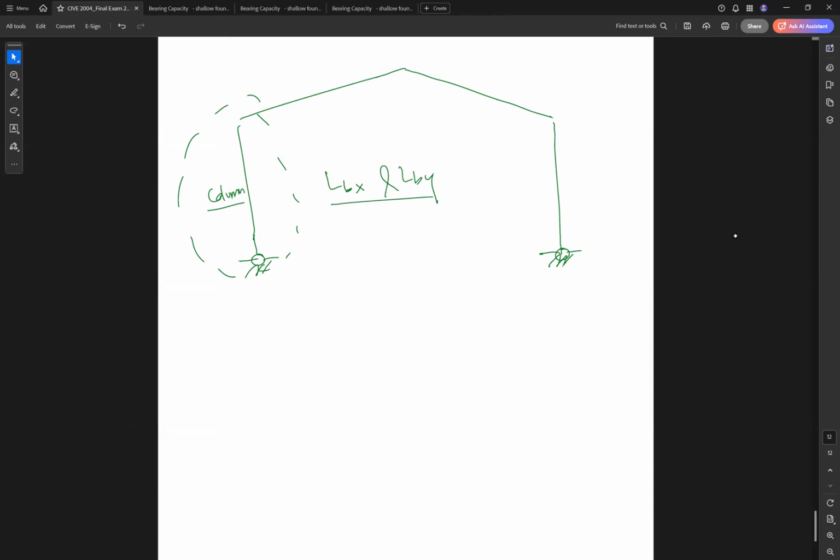So if this is hinge here, this is our column. The column here at the bottom is bend, and how to find LBX? LBX, if you remember, was K times L. To find LBX, we should know L and K. L is the column height, for example, 9 meter, 6 meter, whatever.